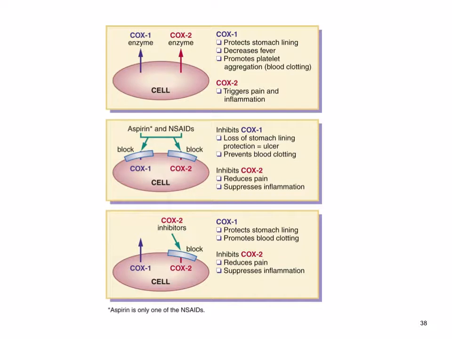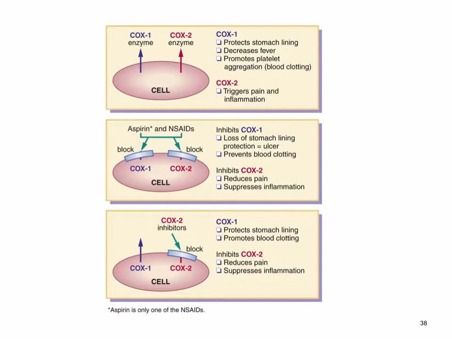The one, like you said, results in decreased platelet aggregation and kidney damage. 2, decreased inflammation, fever, and pain. The newer NSAIDs block only COX-2 and not 1. And these drugs leave protection for the stomach lining intact, so they cause less bleeding, ulcers, and bleeding in the gastric area. But they still deliver relief for pain and inflammation.